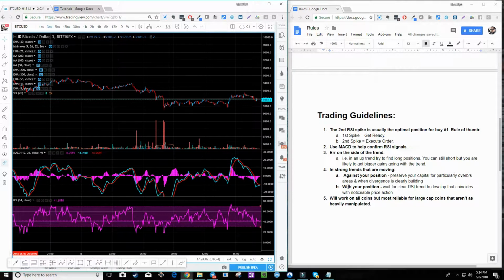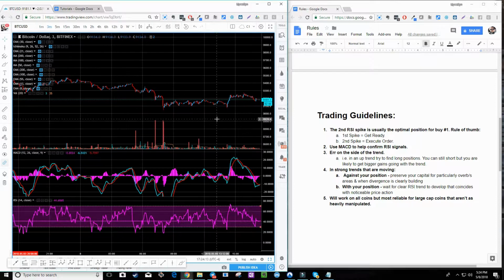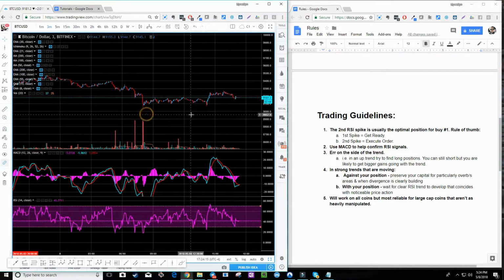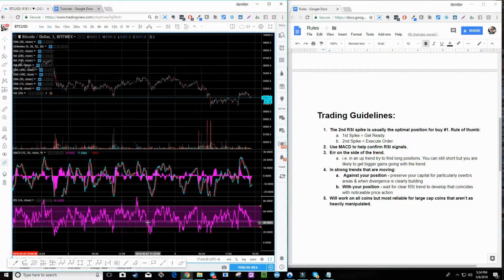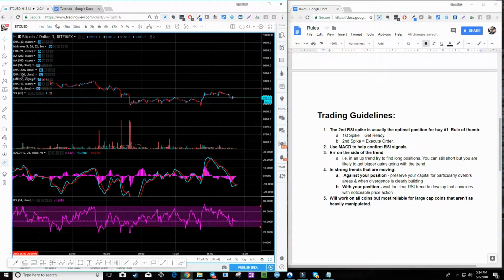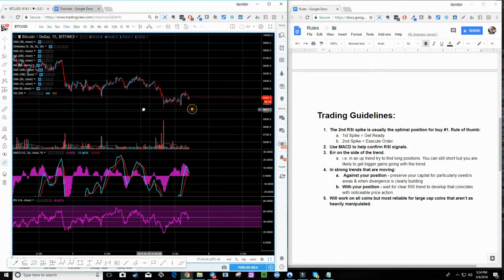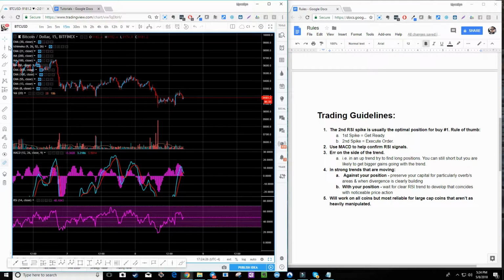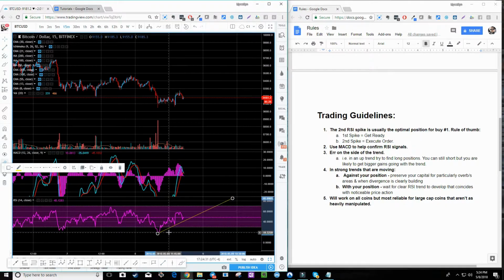And likewise, if price is moving with your position, if you're long and it starts moving up aggressively, give it a little more breathing room. You don't need to cut loose as quickly. You can wait for a more clear RSI trend. Sometimes I'll even zoom out and look on a higher degree, here's 15 minutes. We have this trend line that's building right here.